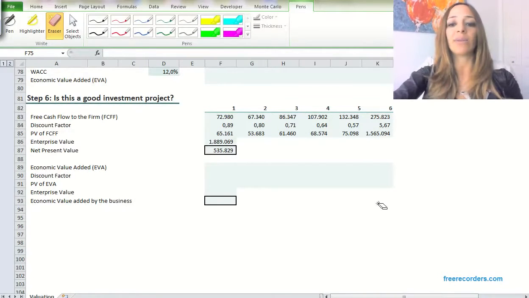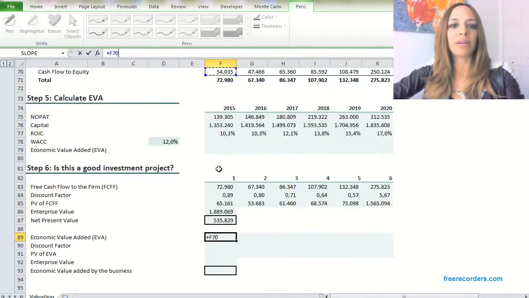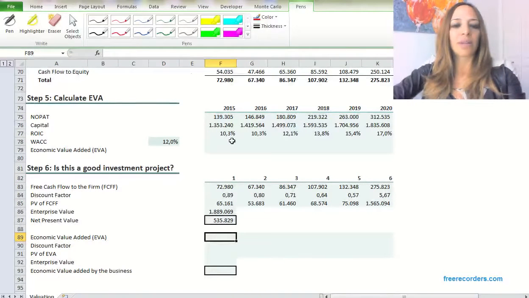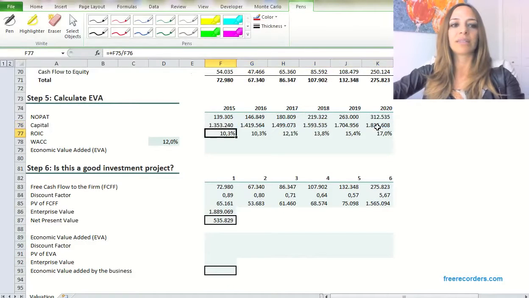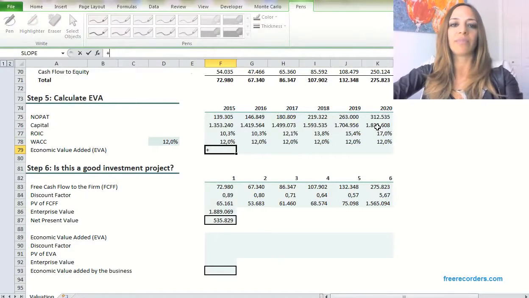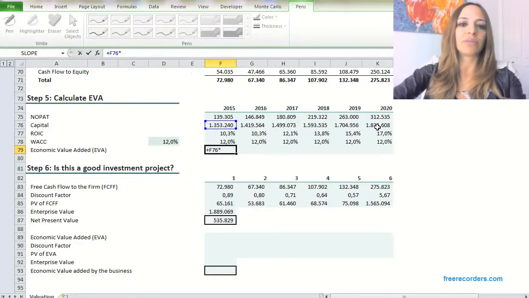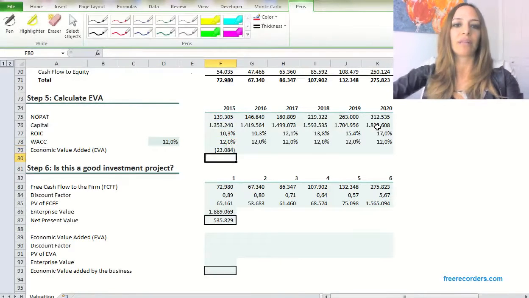Okay, let's calculate the EVA for this example. We have the three elements above. Here we have the capital on line 76. We have the return on invested capital. We know that the weighted average cost of capital is 12% for this company. So EVA will be capital times the return on invested capital minus the cost of capital.